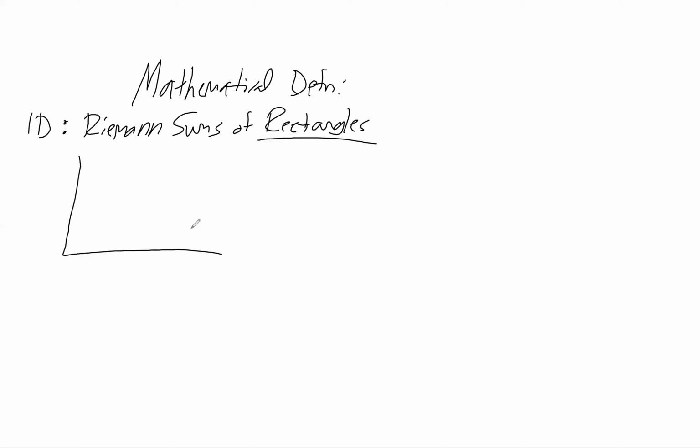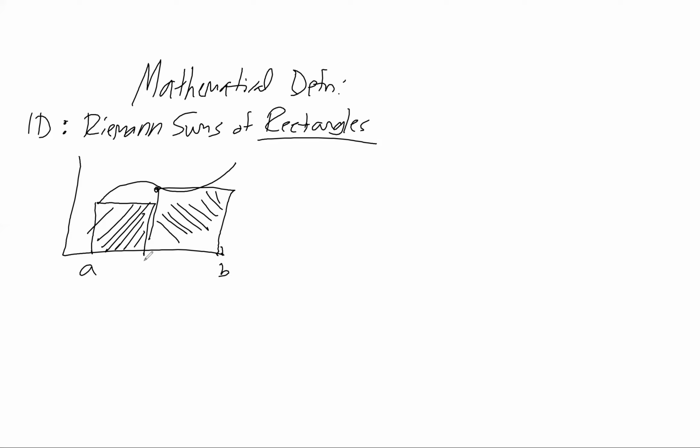So just to draw this visually, you partition AB, for example, into two line segments, and then you form rectangles based on the function height.